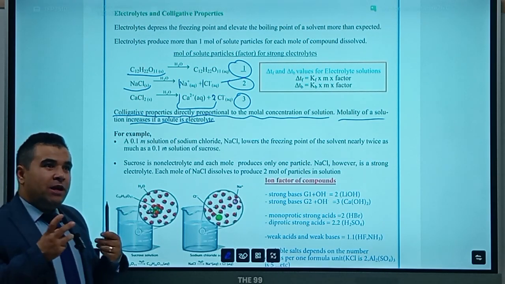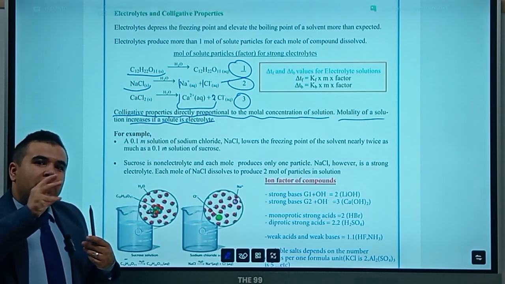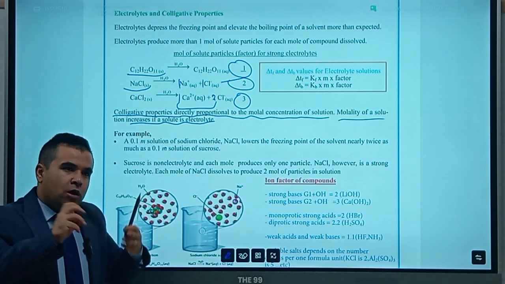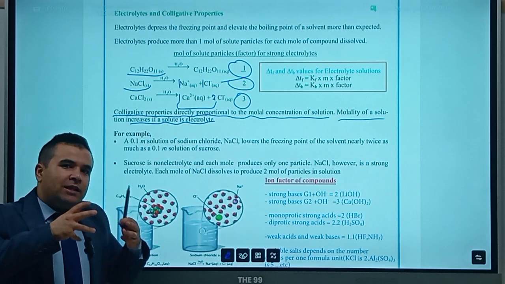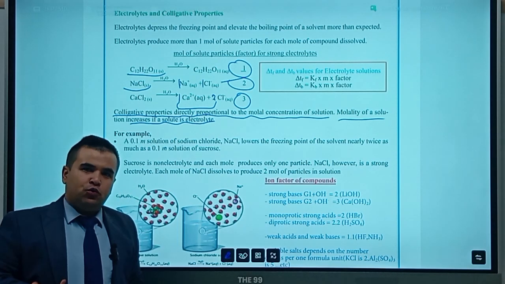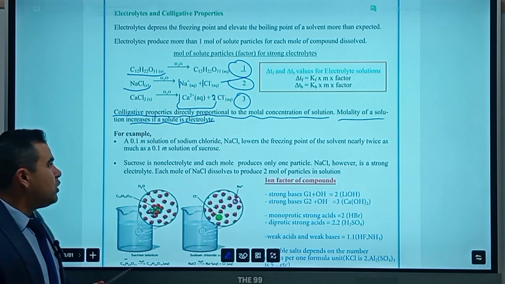What do we mean by this? We mean you add one molecule, but it dissociates into 2 ions, or it ionizes into 2, 3 ions. That will increase the concentration of particles in the aqueous solution.